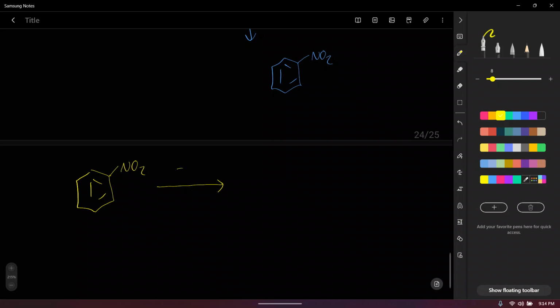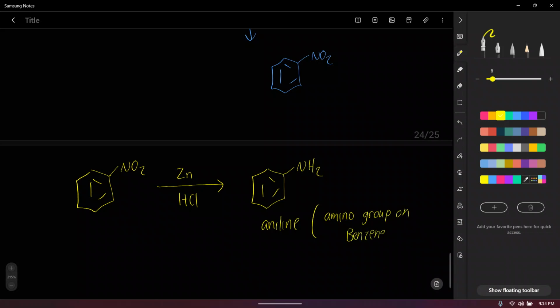So if you throw in zinc metal with HCl, then you can reduce the NO2 group into an amine. Okay? Or specifically, in this case, this is called an aniline. So an aniline just means an amino group on benzene. Okay? So this is a very good way to make aniline.